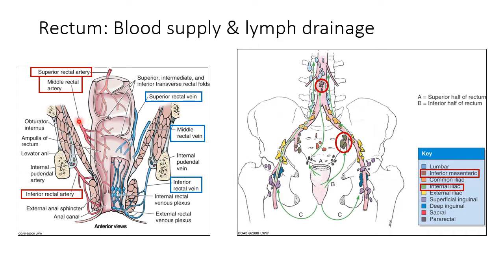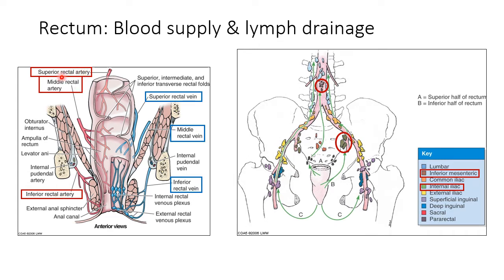Middle rectal artery is a direct branch of the internal iliac artery, while the inferior rectal artery is a branch of one of the branches of the internal iliac artery, and that branch is called the internal pudendal artery. So internal pudendal artery will give a branch that's called the inferior rectal artery.